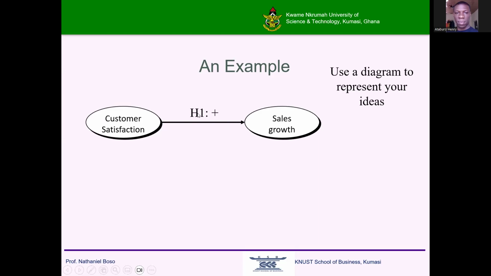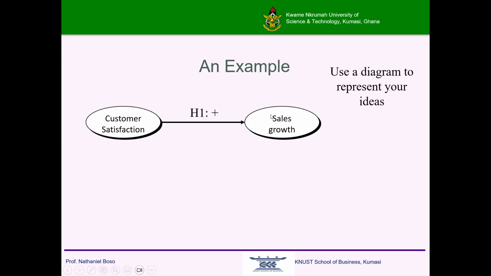So the hypothesis is what spells out what we are suspecting will happen between customer satisfaction and sales growth. So you see there's a plus sign here. The plus sign tells us that we are suspecting that higher customer satisfaction will lead to higher sales growth, or customer satisfaction is positively related to sales growth. So the higher we achieve customer satisfaction, the higher our sales growth will be.